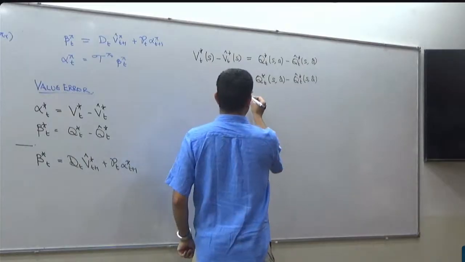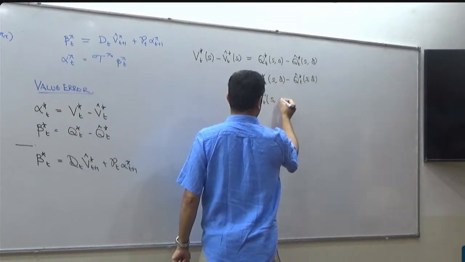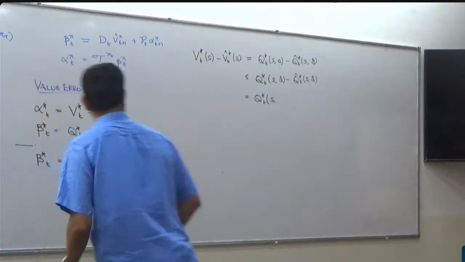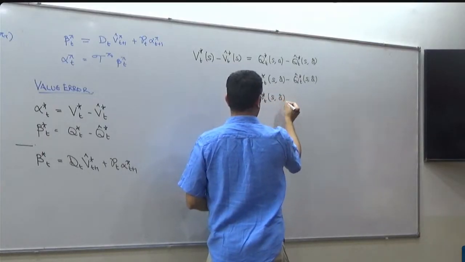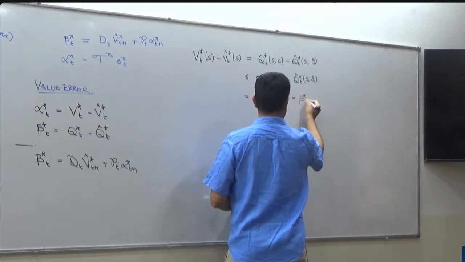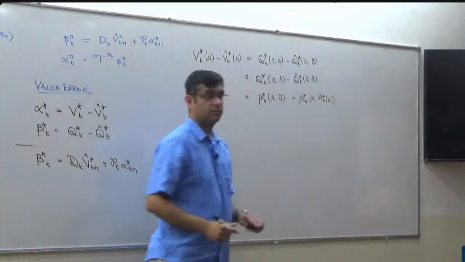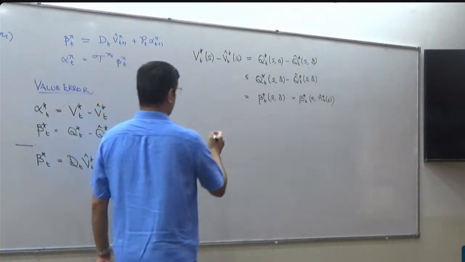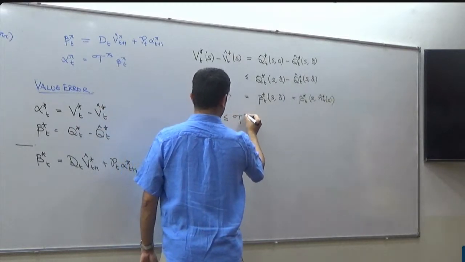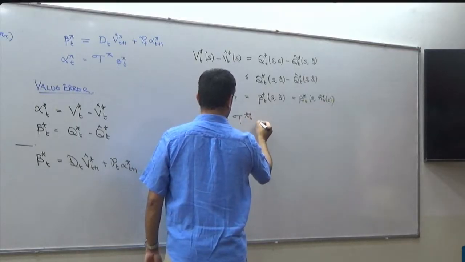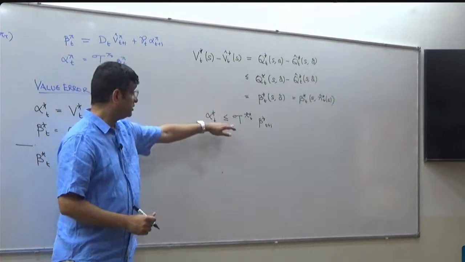And this object really is equal to q hat star of S, and so let's write this as beta star t of S and A hat, and if I just write what A hat is, this is beta star t of S and pi hat star t of S. So I get an inequality which says alpha star t is less than or equal to the operator pi hat star t applied to beta star t plus 1. This is a pointwise inequality.